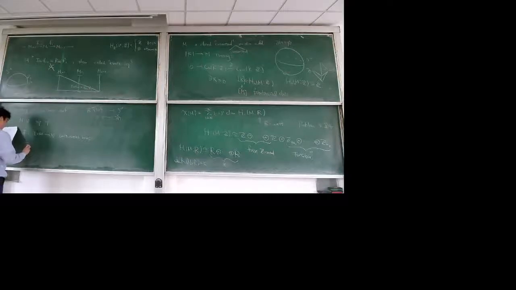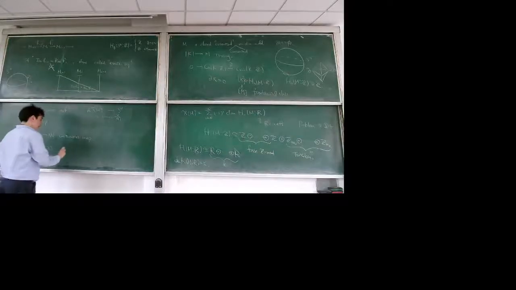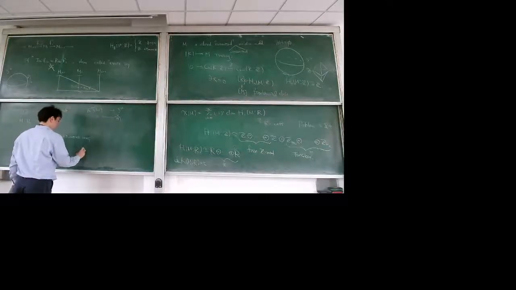Then we define F_0(x) and F_1(x), or in general F_t. Then F_0 is called homotopic to F_1.